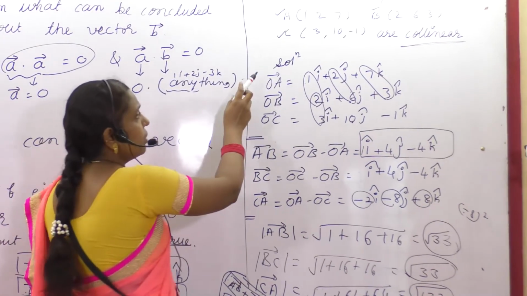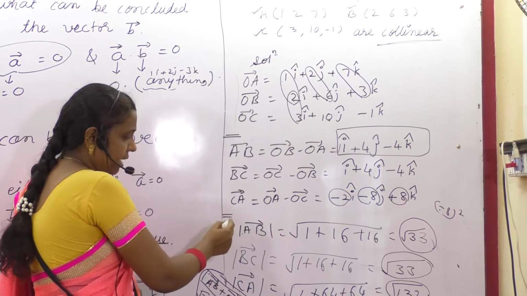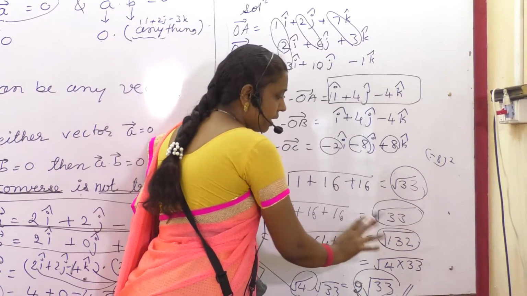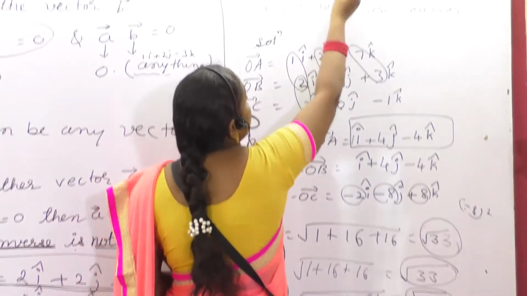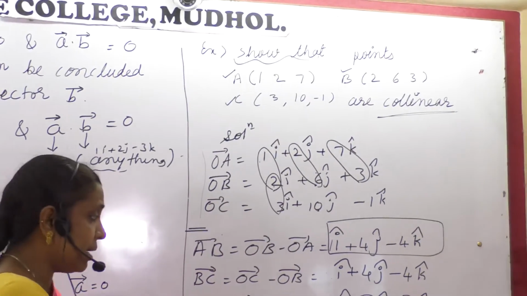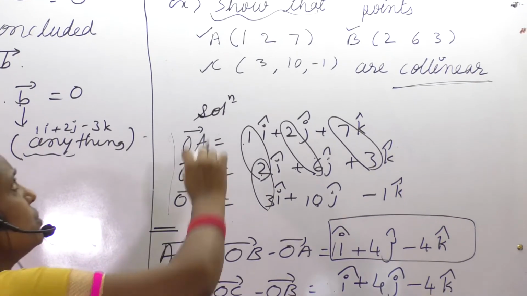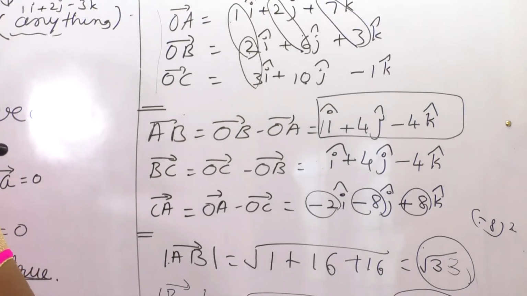Let us check with this again. Given the vectors, find AB, BC, CA, their lengths, and think how they can be related. If the question says show that, or prove that, some relation will be there, that you have to think of. If it is to check or verify, it may not satisfy such an equation.